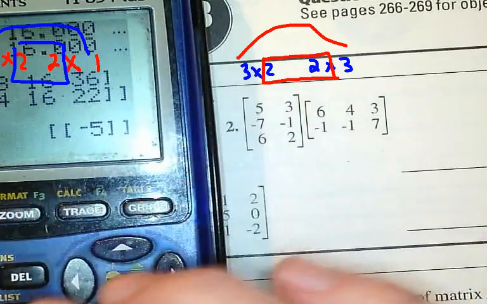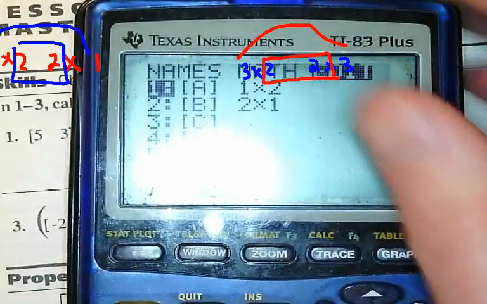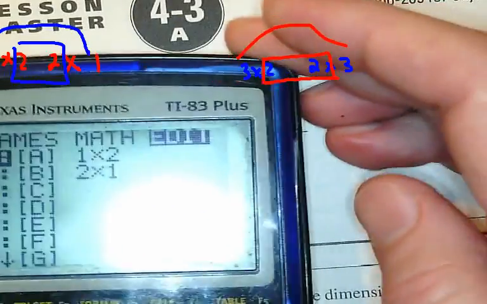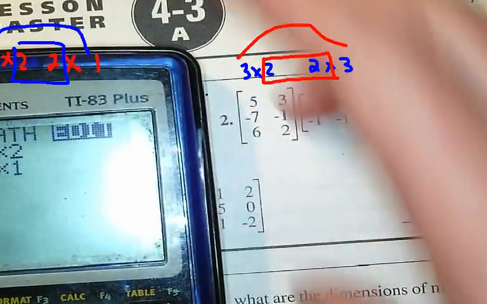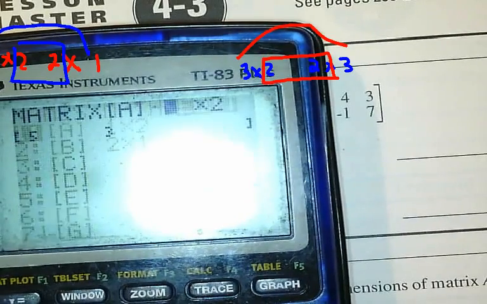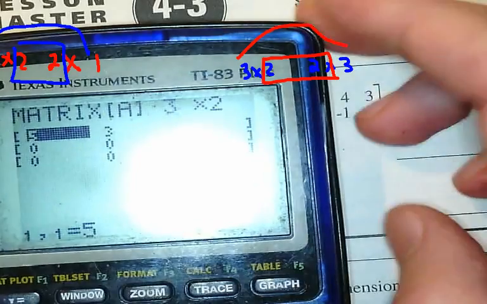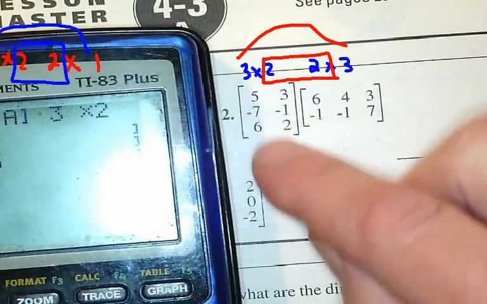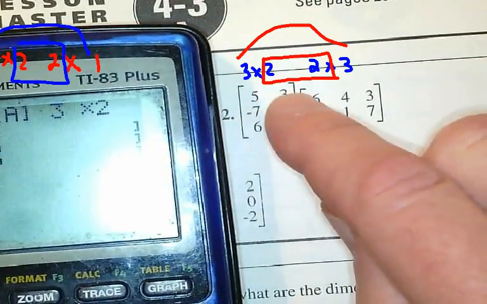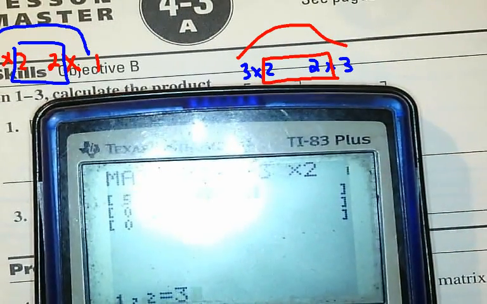So once again, I have to go to second matrix. Then I go over to edit. And, whoops. I have a 3 by 2 matrix, so I have to change matrix A. I'm going to edit matrix A, 3 by 2 matrix. Okay? So what are the numbers? 5 and 3. So I'm just going to type in 5 and 3.